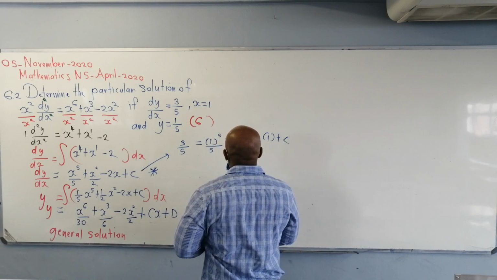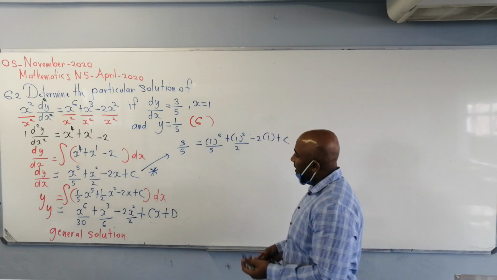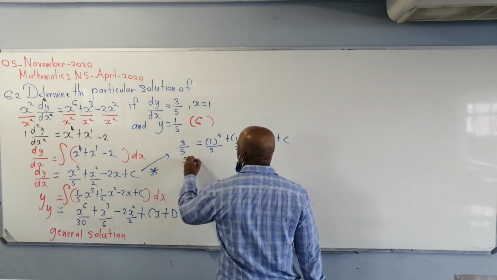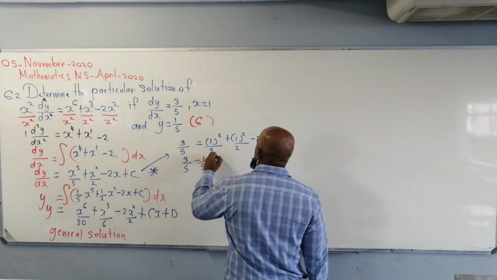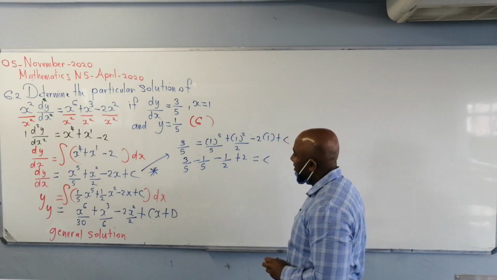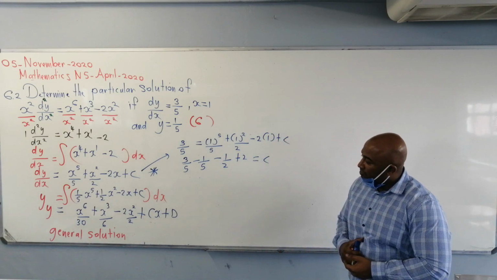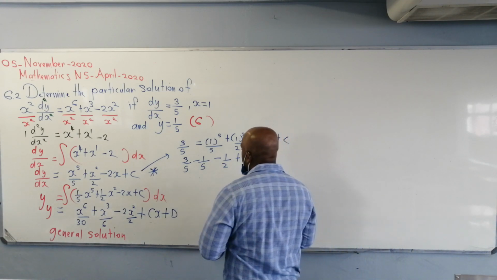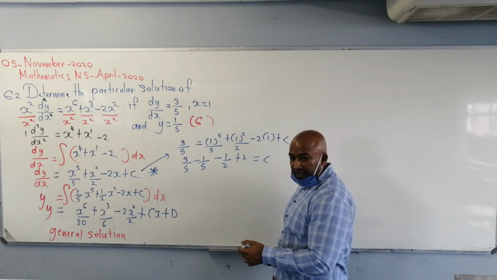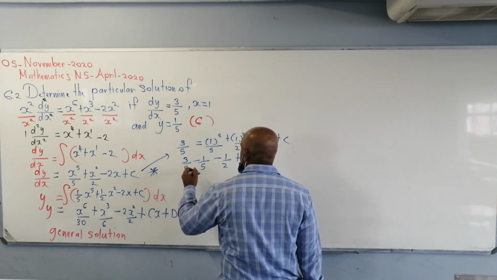Okay, so what do we get now? We work it out. So this is going to be 3 over 5 minus 1 over 5 minus 1 over 2 plus 2 is equal to c. So 3 minus 1 will be 2 over 5, plus 2 minus 1 over 2.